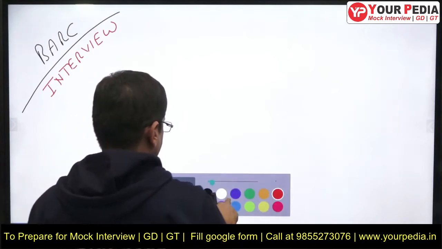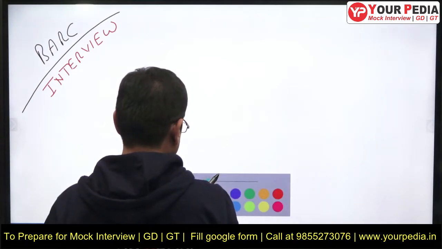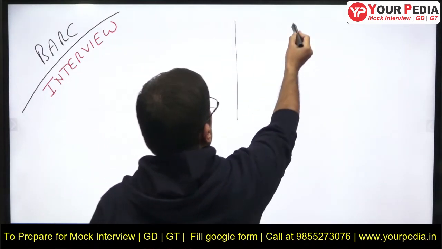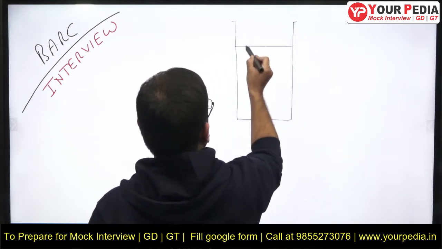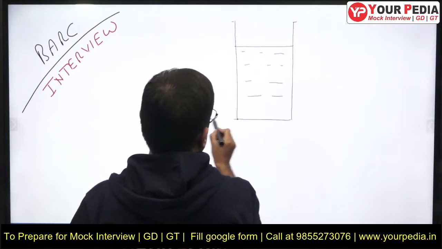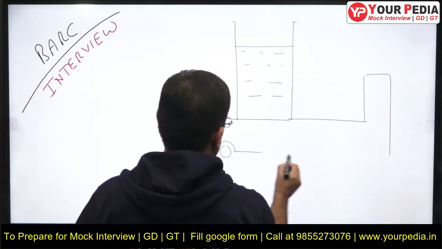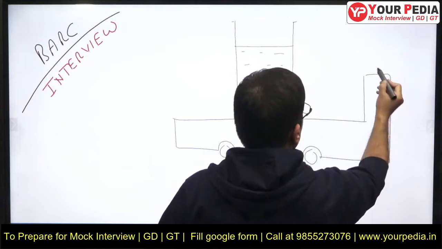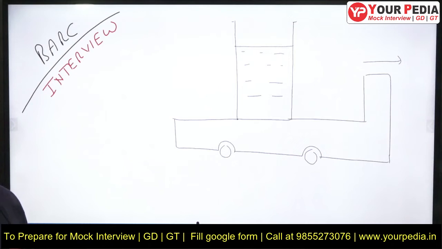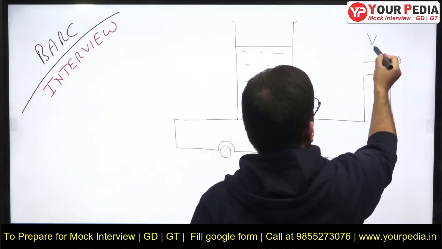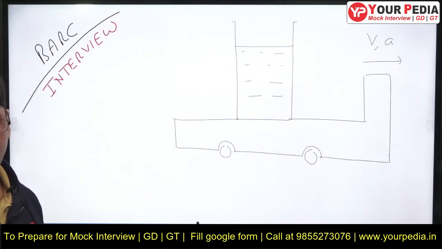Now the question asked was this. First question was, let us say there is a liquid in the container, and that container is kept on the lorry, and the lorry is moving forward with a particular velocity v, and in the second case with acceleration a.